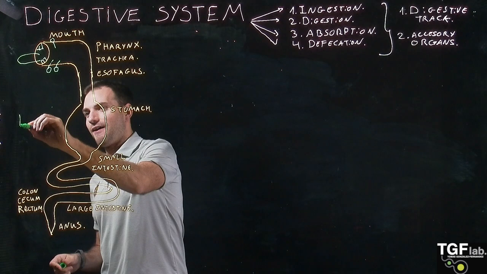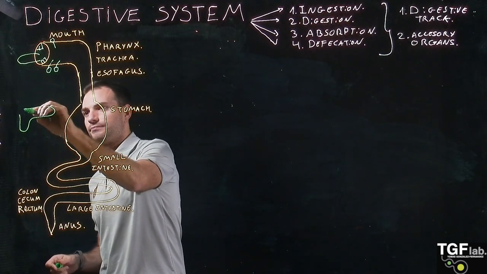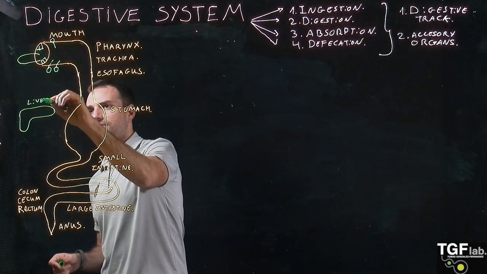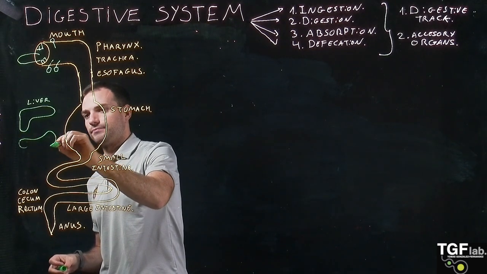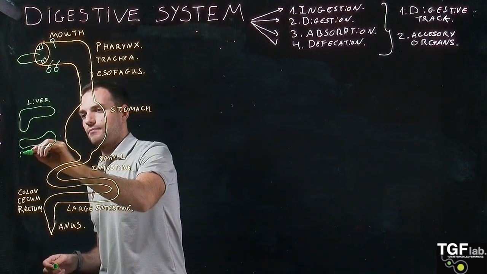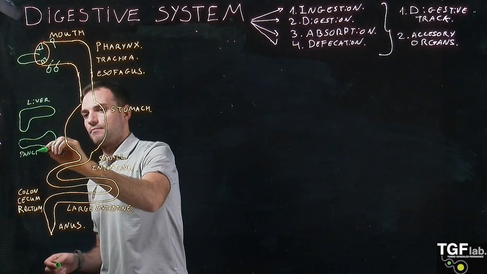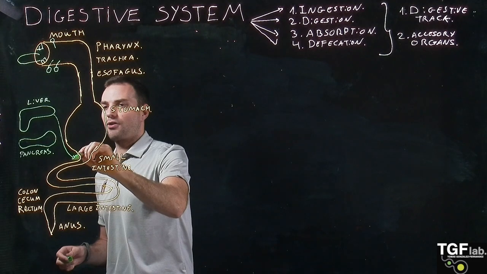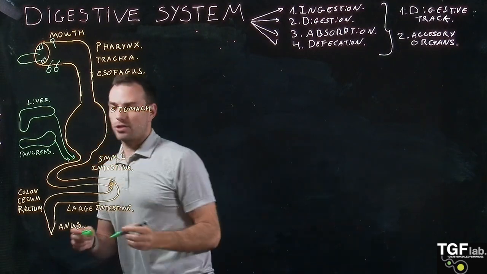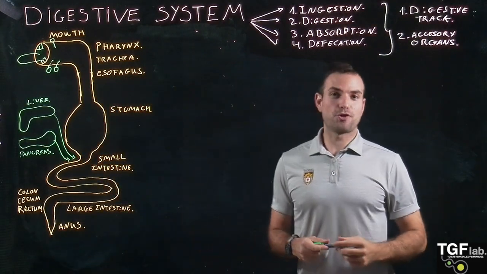So here we have the liver and also the pancreas. Which are essential for the hormonal control of the digestion and the absorption.